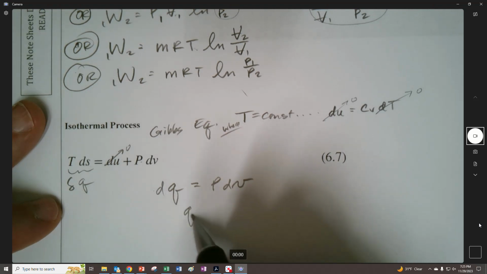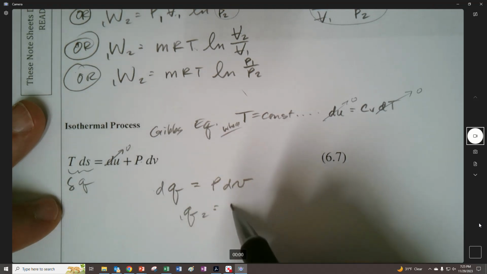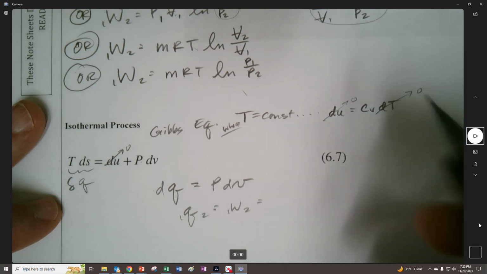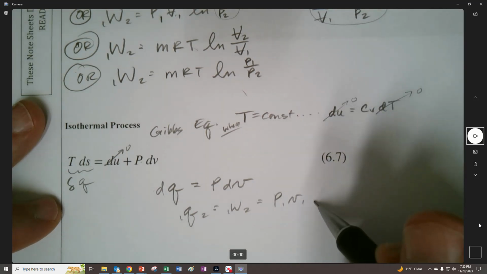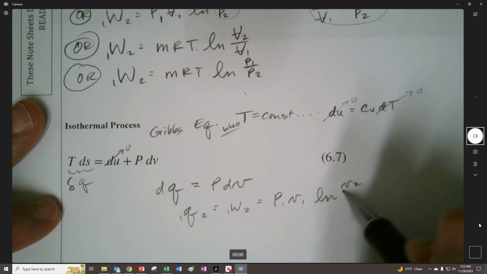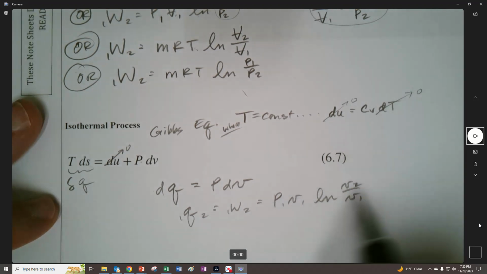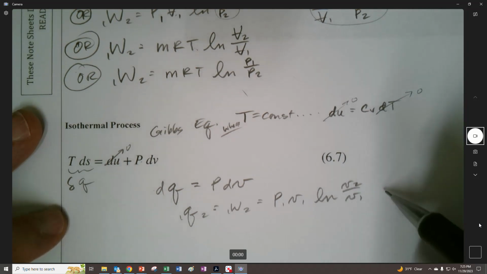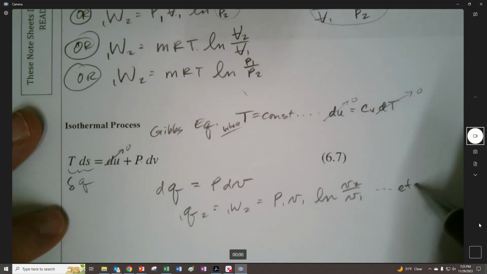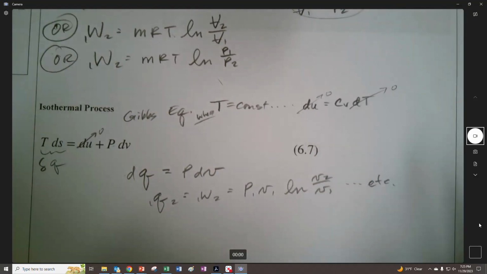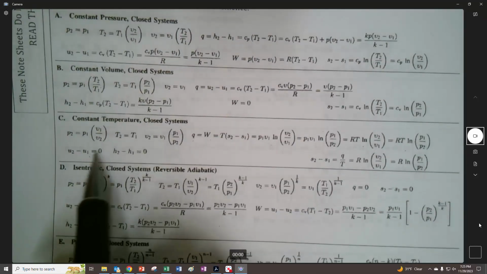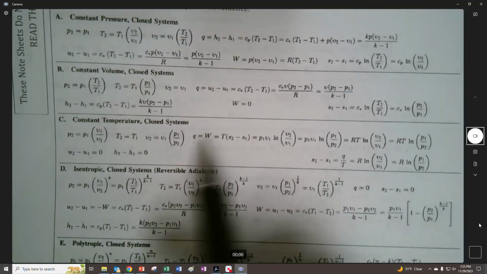We can get q 1 to 2 equal to work 1 to 2, so some variety of P1 V1 and then natural log of V2 over V1. But you can see that there are other variations of that. I'm kind of reiterating, because I already said a moment ago that U is equal to 0, and therefore Q is equal to W.